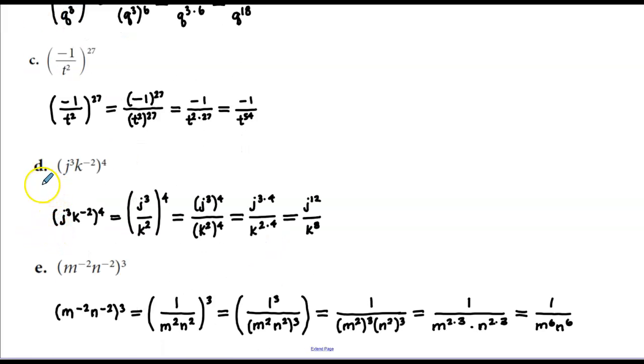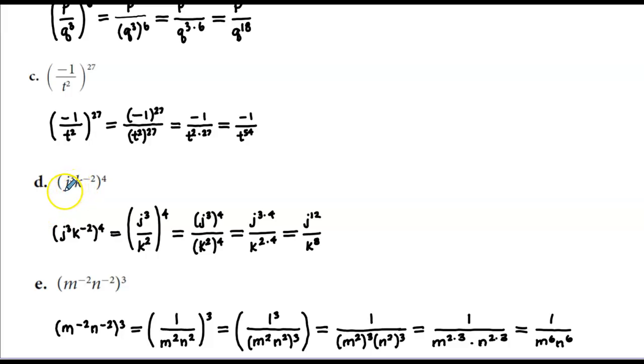Okay, next, D. We have the base of j to the 3 times k to the negative 2, to the power of 4. Now, we can do this by first distributing the 4, or we can rewrite k to the negative 2 as a positive exponent, so we can rewrite this to have j to the 3rd power in the numerator, and then k to the 2nd power being positive now in the denominator, raised to the 4th power.